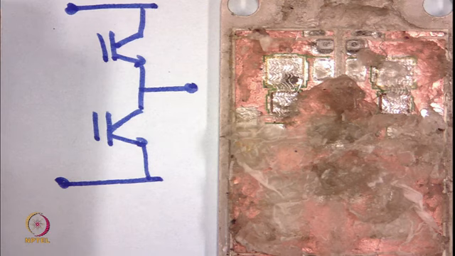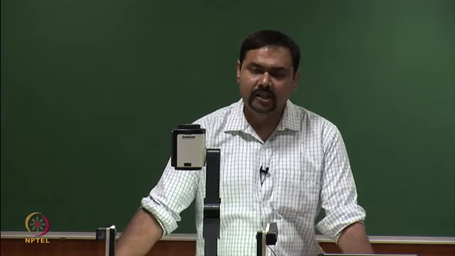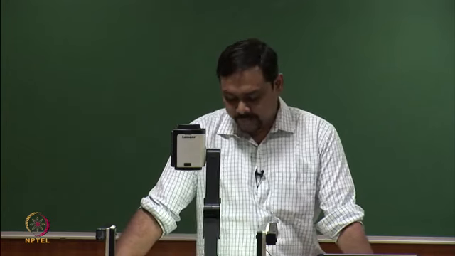So, on one hand you would like to increase the switching frequency, because then your inductor and capacitor sizes will go down, but increasing the switching frequency will lead to increased switching losses, and losses mean more temperature rise, because losses will appear as heat and it will increase the temperature.